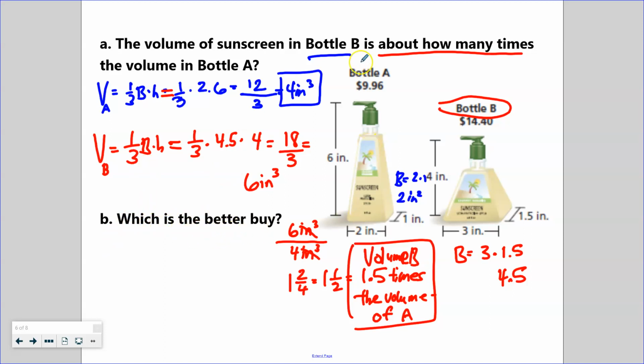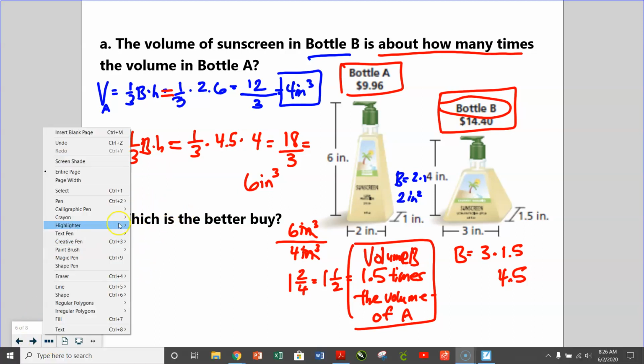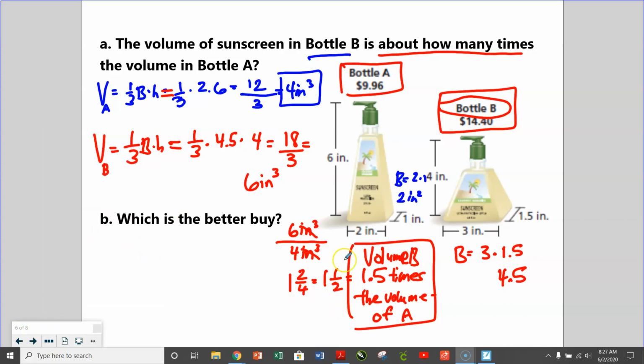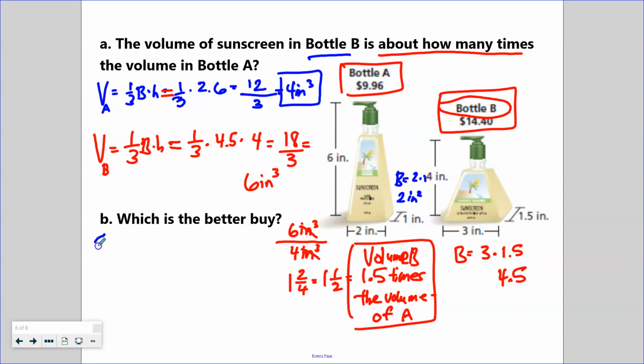So which is the better buy? You're buying this one for $9.96, and you're buying this one for $14.40. And so we just have to say, okay, what is it per one? So we basically want to divide the cost by the volume for both.